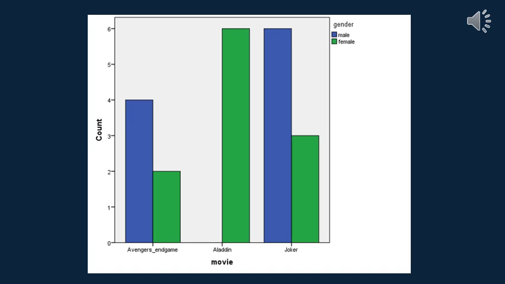So already here, by looking at this clustered bar graph, you see there's a correlation between being female and having Aladdin as first choice of movie, whereas Joker and Avengers seem to be preferred by males. So I have the intuition that there's a correlation between your choice of movie and your gender here.